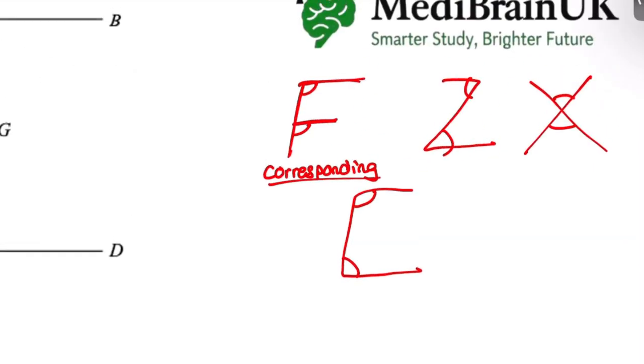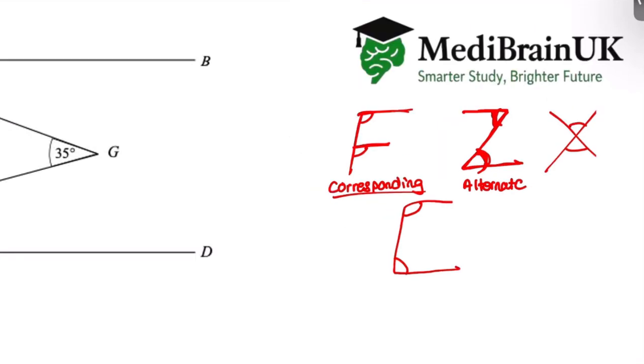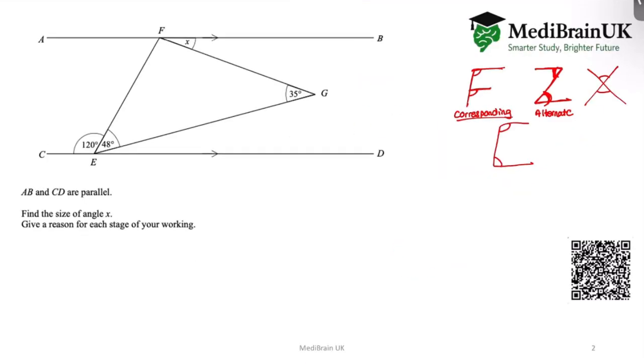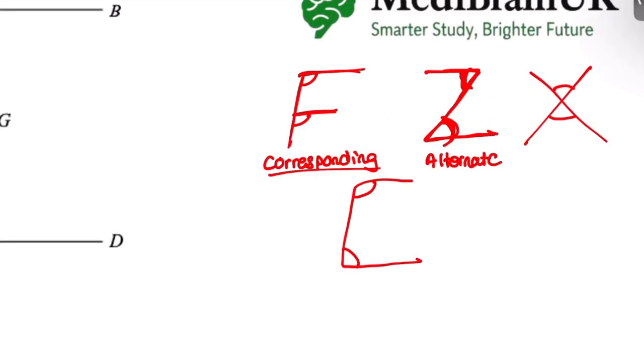Okay, Z. If you ever spot a Z shape within parallel lines, that means they are alternate angles, which are the angles within the corners of the Z, and alternate angles are also equal. So these two angles that you can see highlighted on the Z are going to be equal.